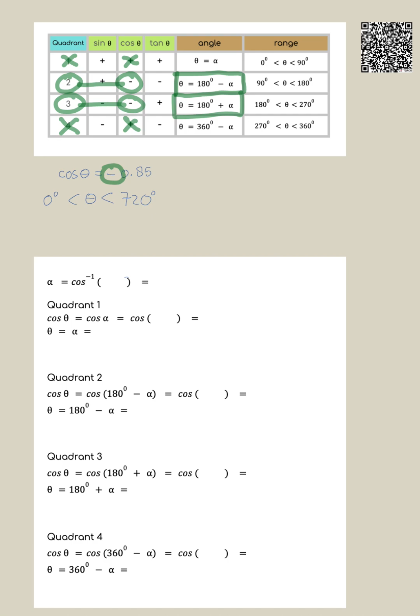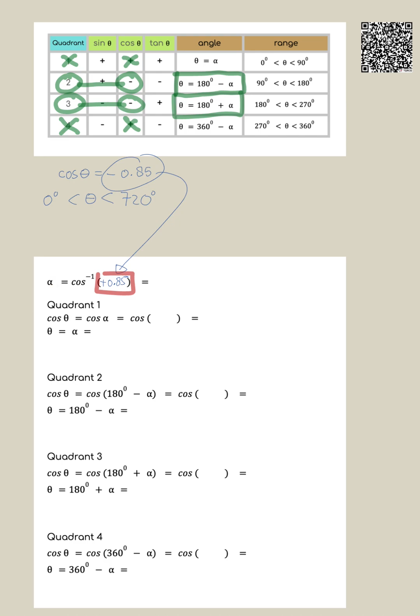And how do we find this alpha? We simply put the absolute value of negative 0.85, which is positive 0.85. So remember that. Always put the positive number when you are asked to find the value of alpha.